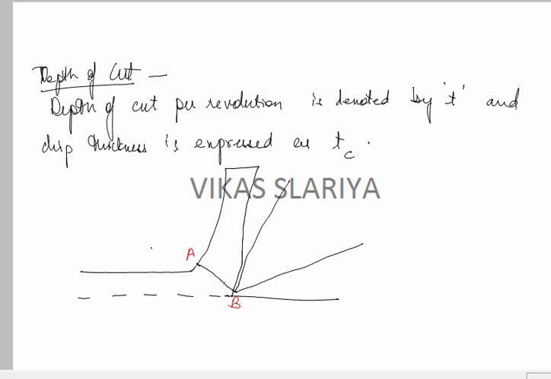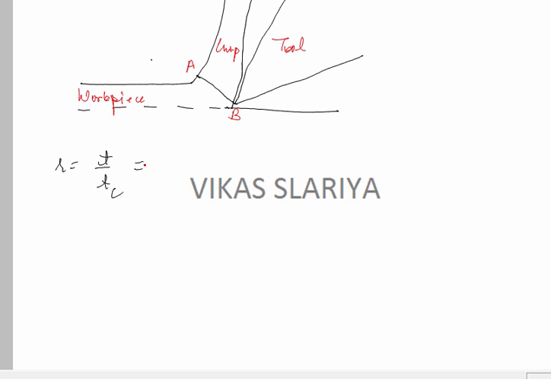Then this is my chip, and this was my workpiece, and this was my tool. Then we can say that R is equal to T by TC. TC is equal to AB sine phi, where phi is this angle, and T is AB of cos of phi minus alpha.